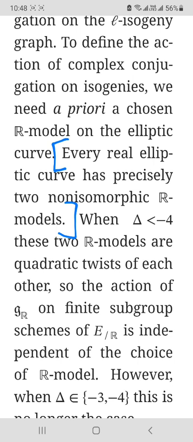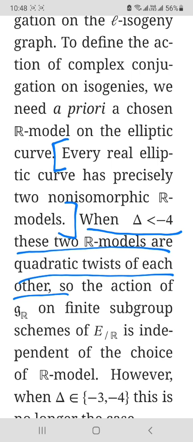When delta is less than -4, these two R models are quadratic twists of each other. So this is another important result here.